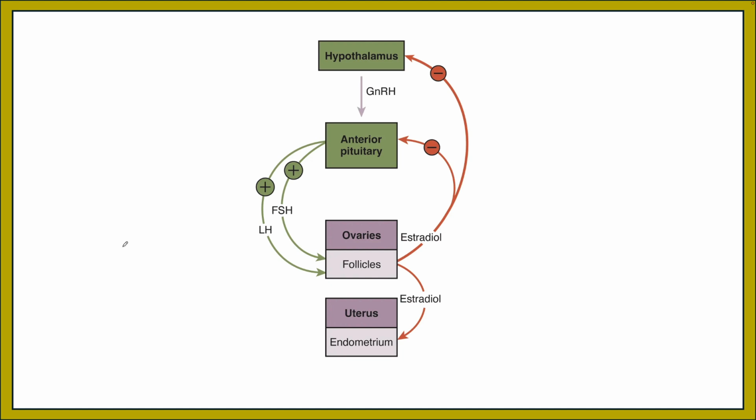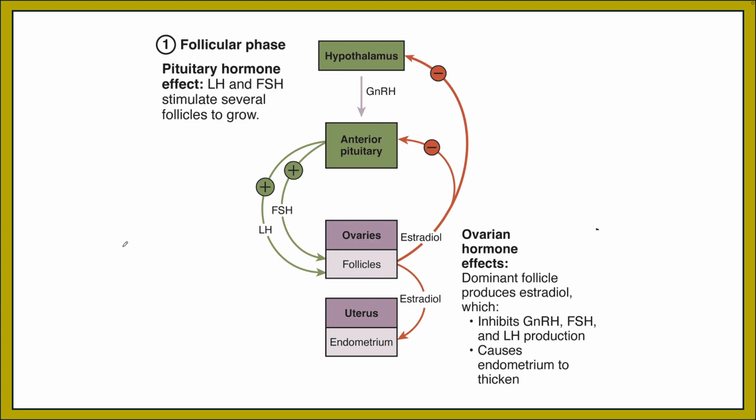All right, so let's talk about the follicular development. So you have the hypothalamus and the anterior pituitary involved, along with the gonadotropin releasing hormone like you did in the males. So the first part is the follicular phase. This is going to have the effect that LH and FSH are going to stimulate the follicles to grow.